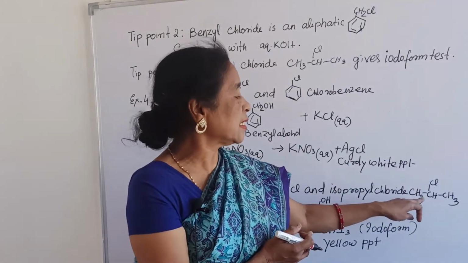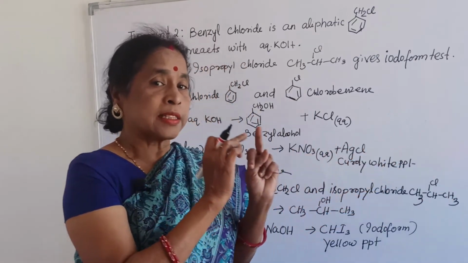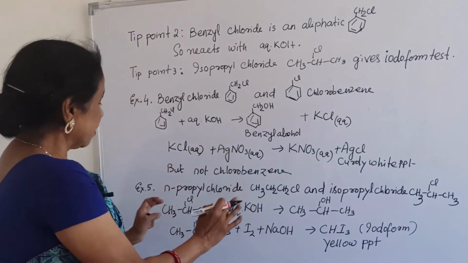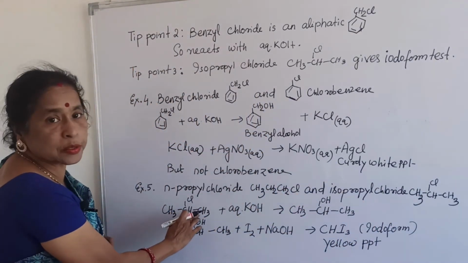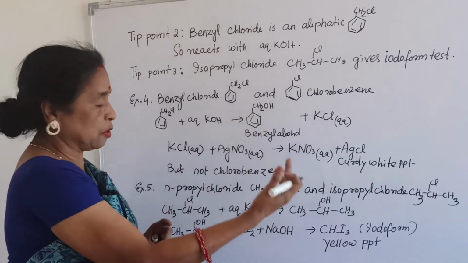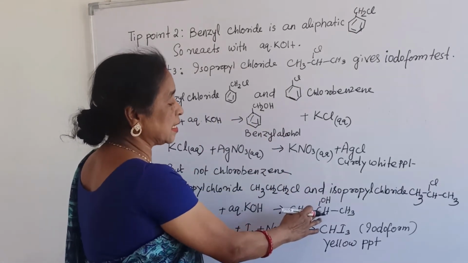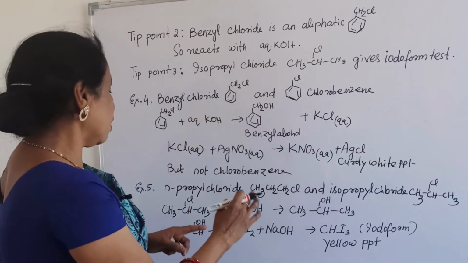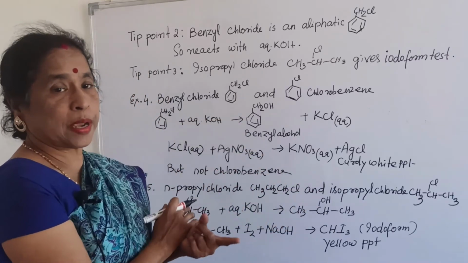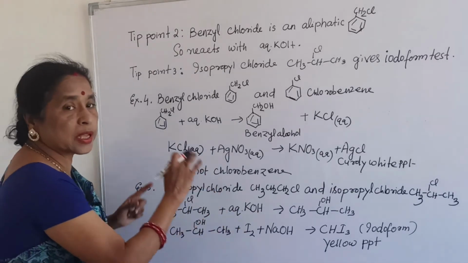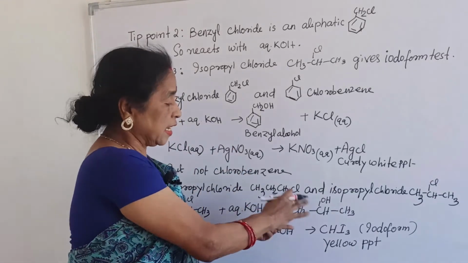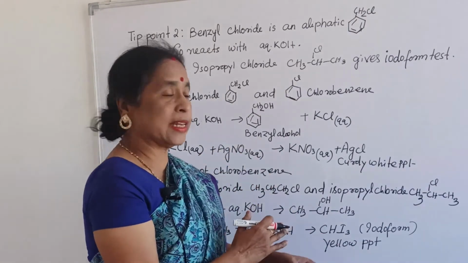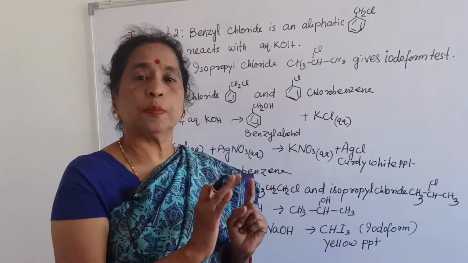When isopropyl chloride reacts with KOH, it gives CH3CHOHCH3, that is isopropyl alcohol, and this isopropyl alcohol, when reacted with iodine and NaOH, gives iodoform. The formula of iodoform is CHI3, a yellow precipitate.